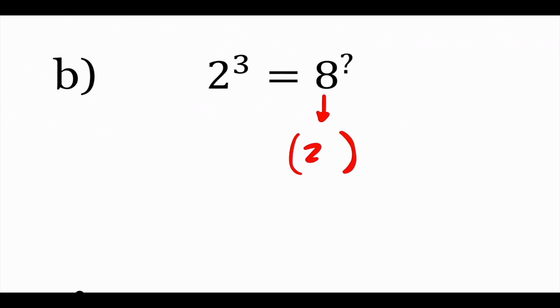I don't want to change the number, but instead write it differently, written with a power. 2 to the third power. Still 8, 2 times 2 times 2. That hasn't changed, but now it has the same base.